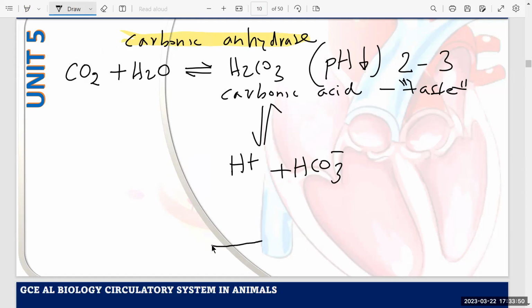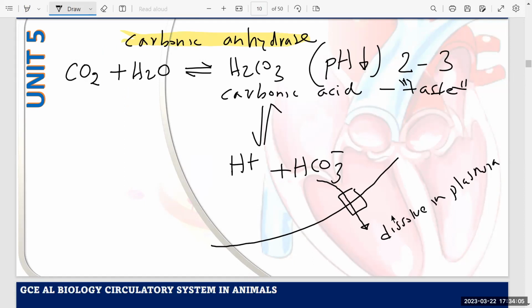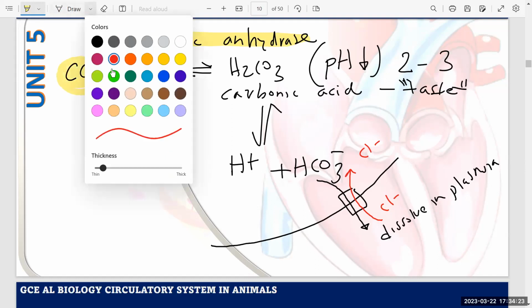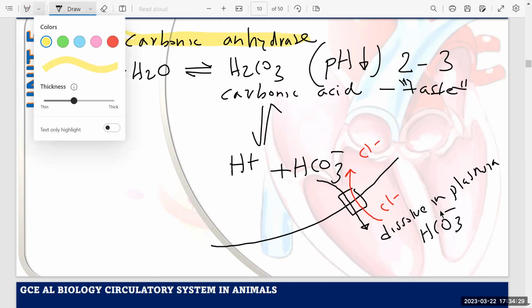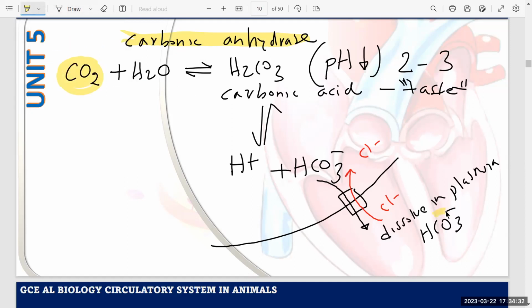And in red blood cells, this bicarbonate ion can go out and dissolve in plasma. There's a chloride ion also moving in when bicarbonate is going out. So now you can understand, where is this carbon dioxide? Now carbon dioxide is in the form of bicarbonate ion. So it's here now.